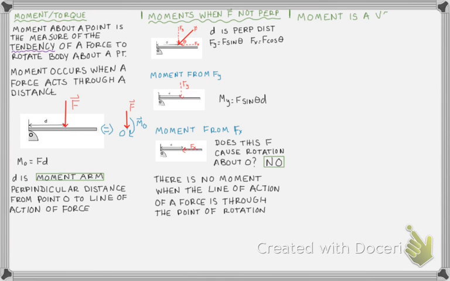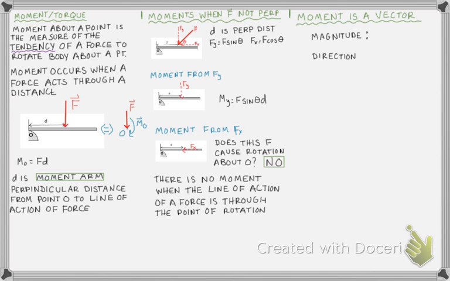So moment is a vector. Okay, so we've kind of been, it deals with a force, but it is actually a vector. And we've only really looked at the magnitude. But because it's a vector, it has both magnitude and direction.